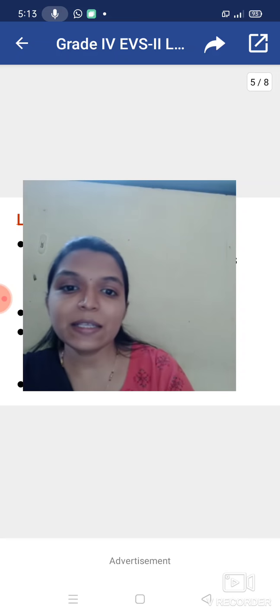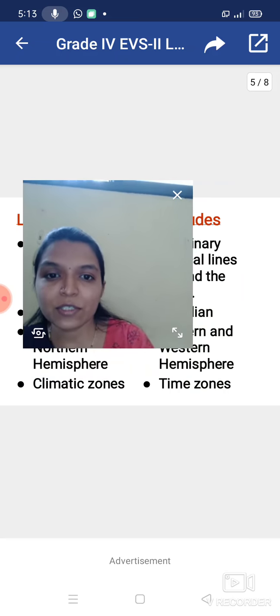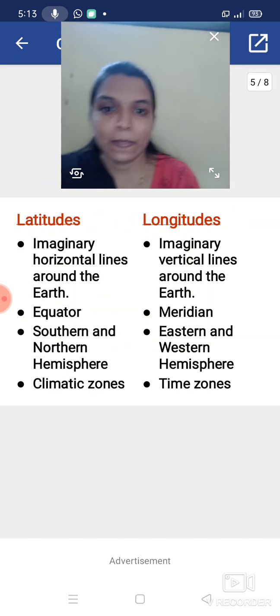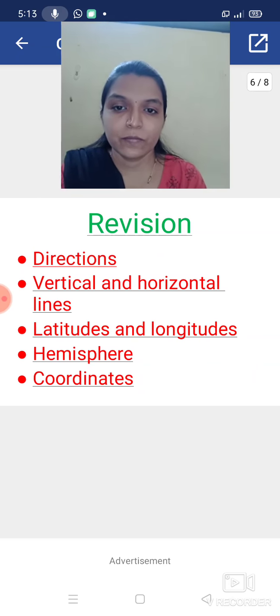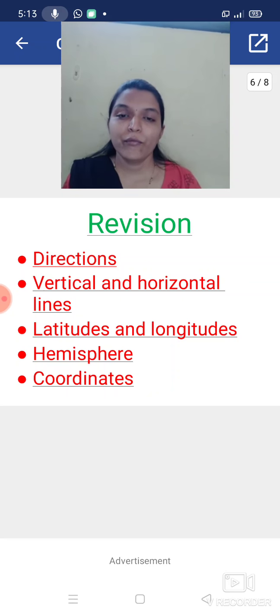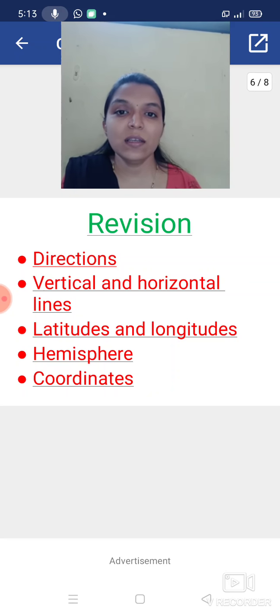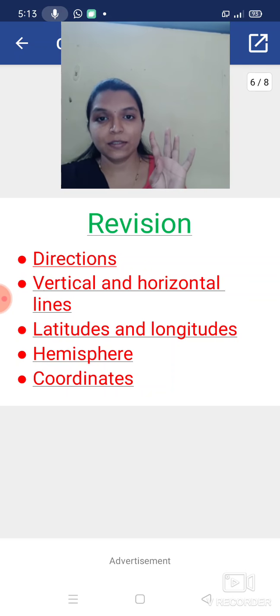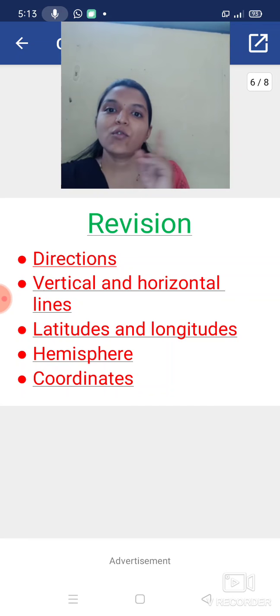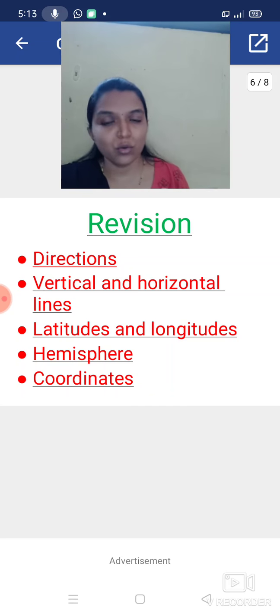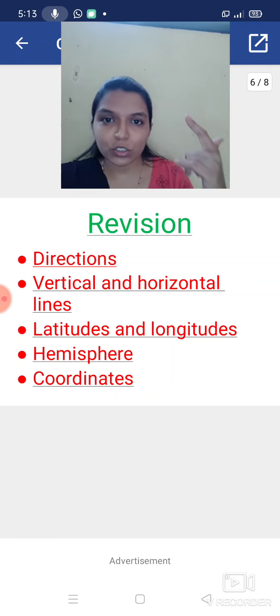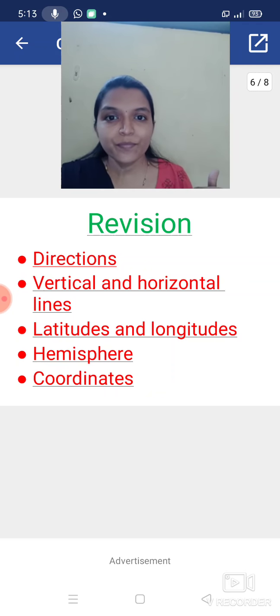Now let us revise what we have studied today. When we started the lesson we studied the directions. There are four main directions: east, west, north, south. The end point of the north is the North Pole and at the bottom is the South Pole.